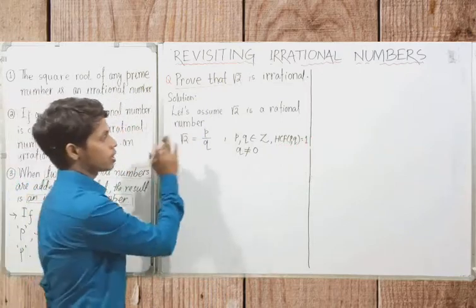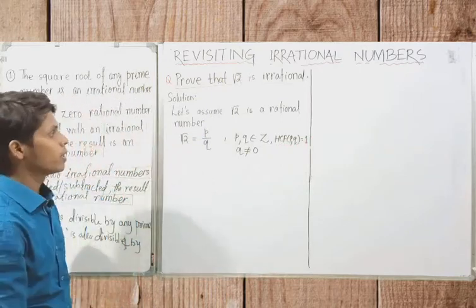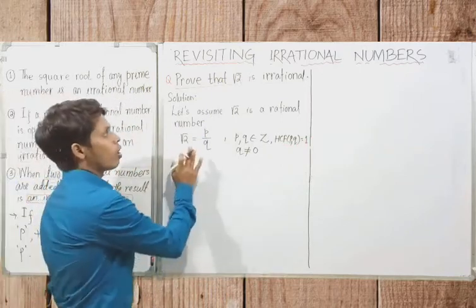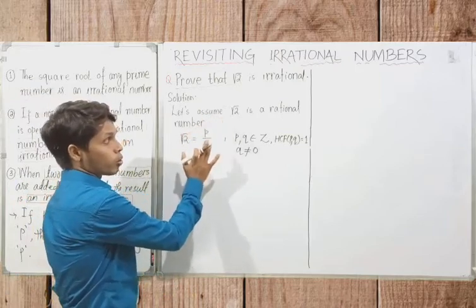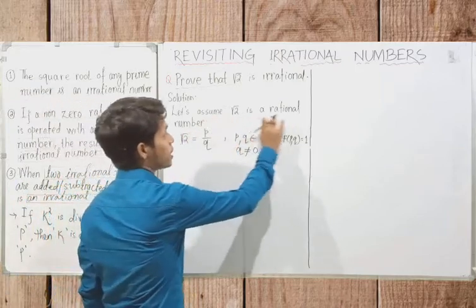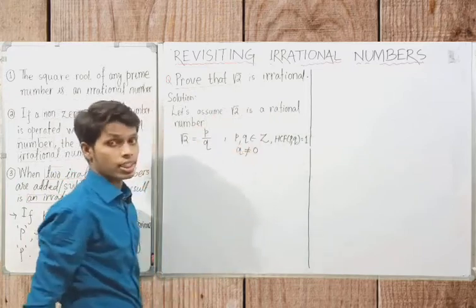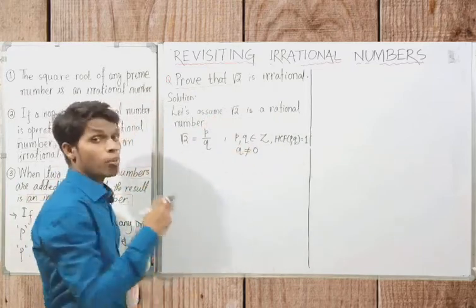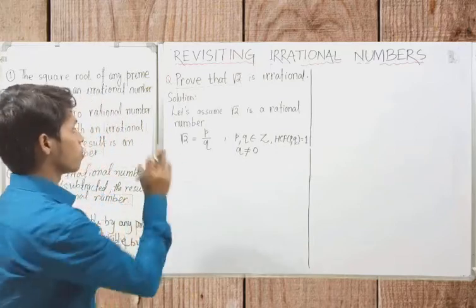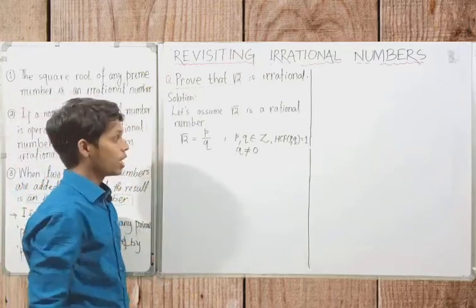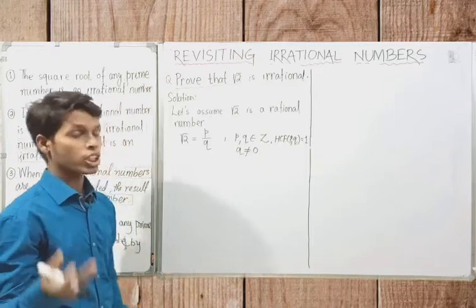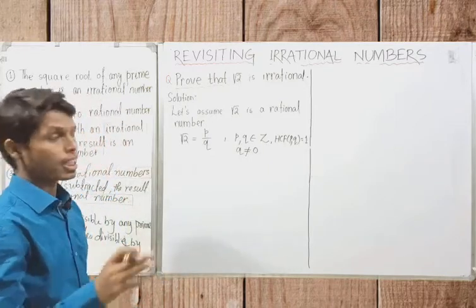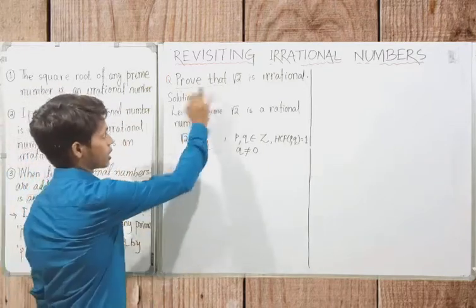We have written the simplest form of p by q. So now we will proceed with the implications of this statement that root 2 is a rational number. Then we will see what we are getting. Is this opposing any basic rules or basic facts of mathematics? If it would be contradicting, then we will write that our assumption is wrong and this statement is true.